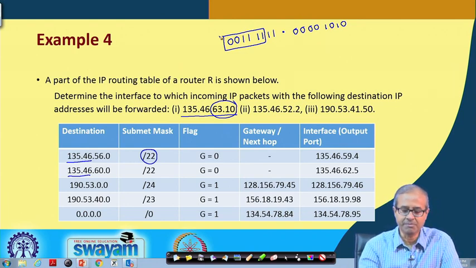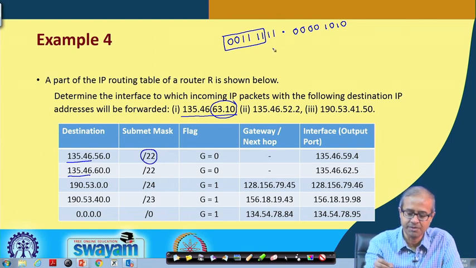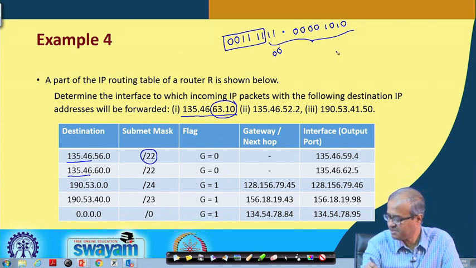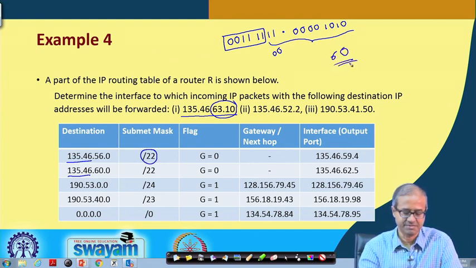So, how much will it become? If you do a bit by bit ANDing, these will be the host part. So, these 2 bits will become 00. So, it will actually become 60.